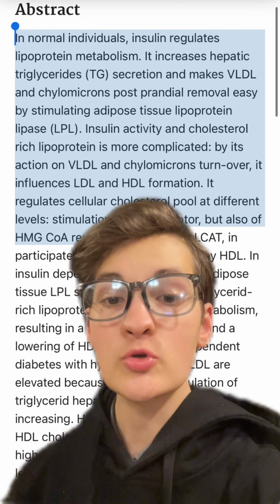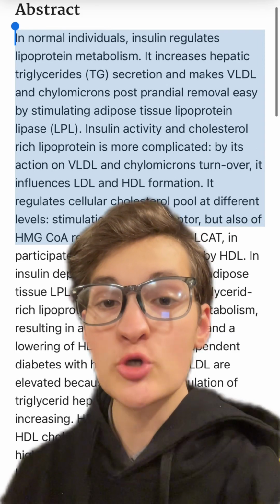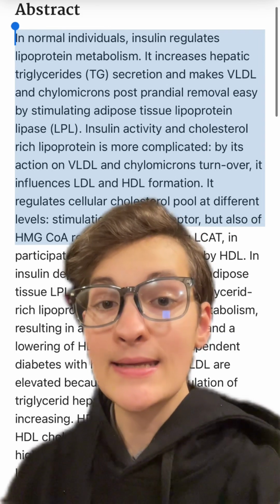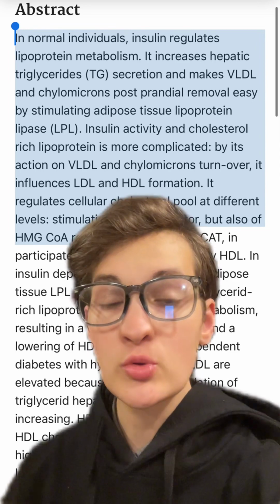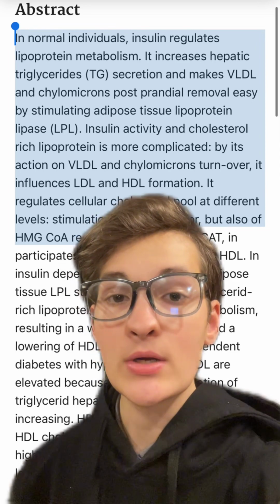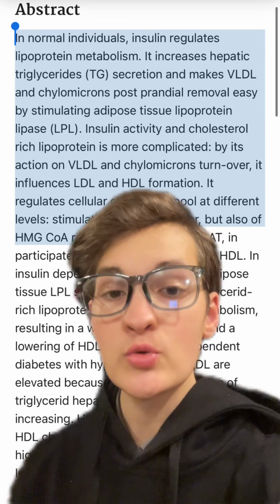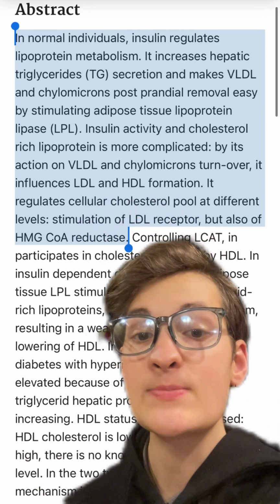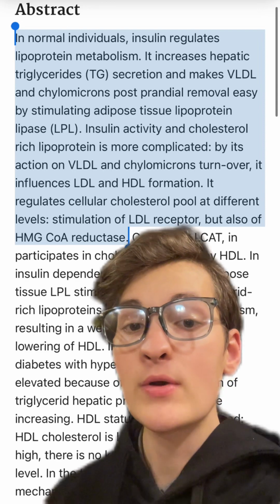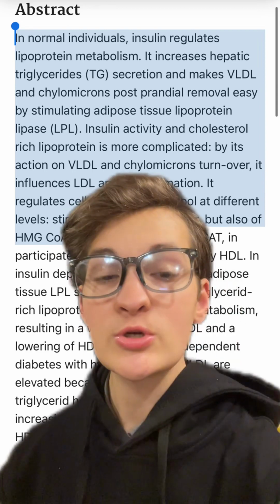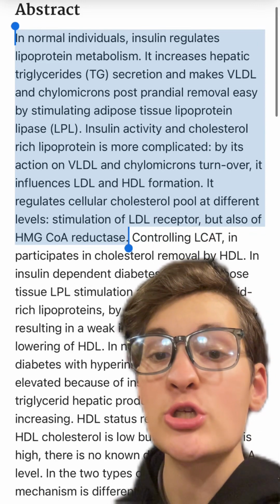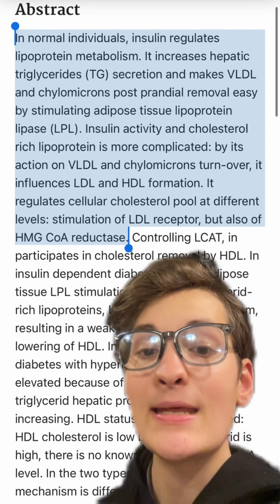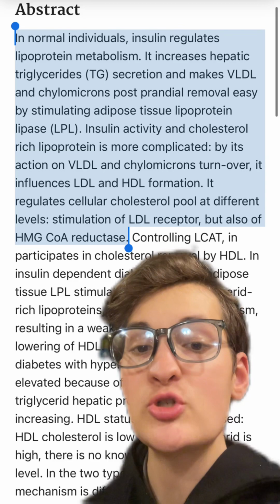Insulin is also very important for packaging up triglycerides and cholesterol into lipoproteins so they can be shipped around the body so dietary fat and dietary cholesterol can make it to their target cells. And it does this by increasing the formation of very low-density lipoproteins, which have the most amount of triglycerides, and increasing the production of cholesterol by stimulating the rate-limiting enzyme HMG-CoA reductase.